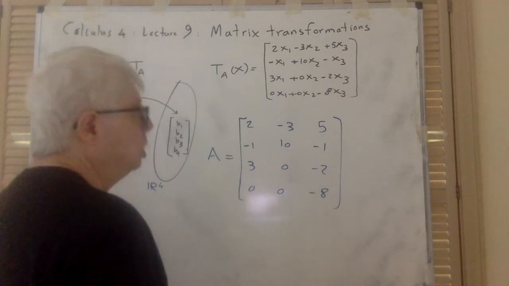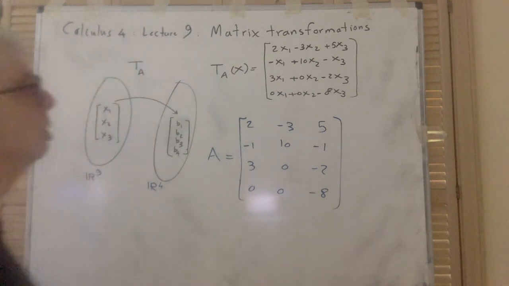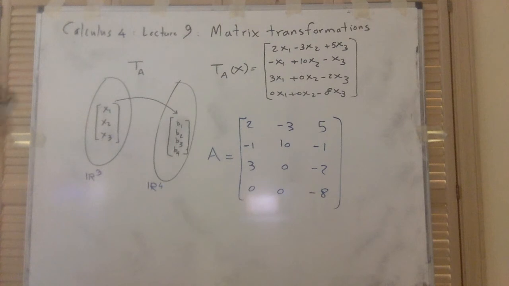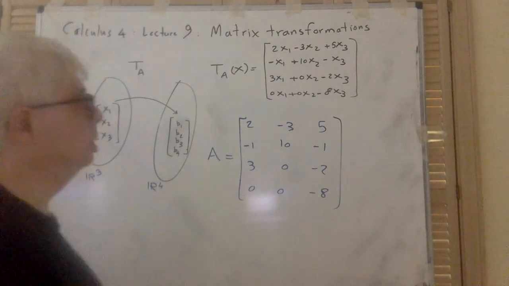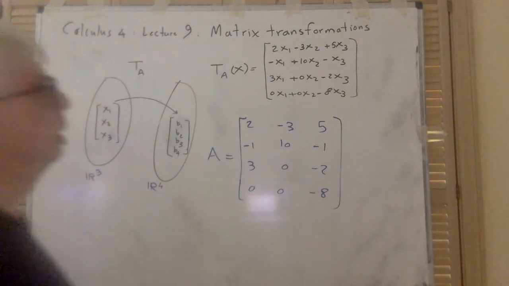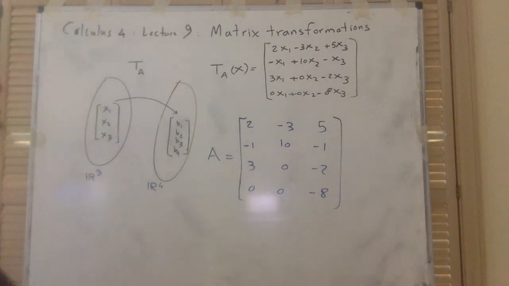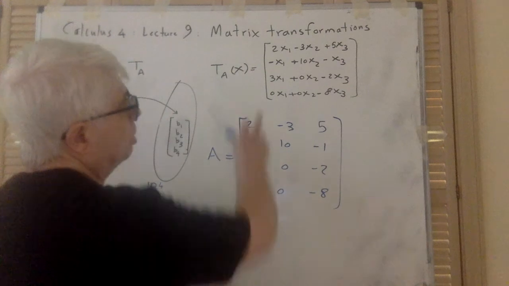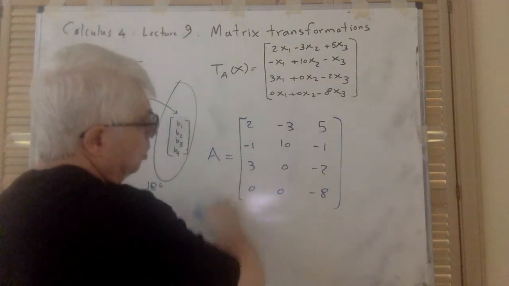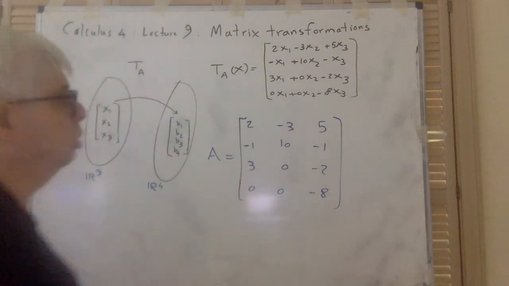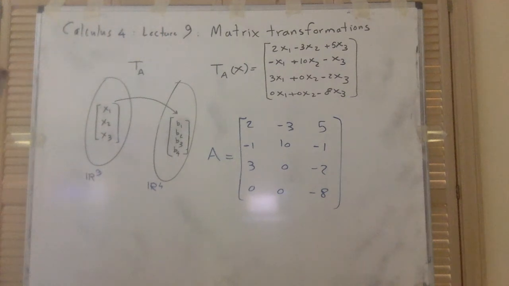Just by looking at the transformation and completing each row by adding the 0 terms, and then just write down the coefficients of the xi's, row-wise here, and you have the matrix of that transformation.